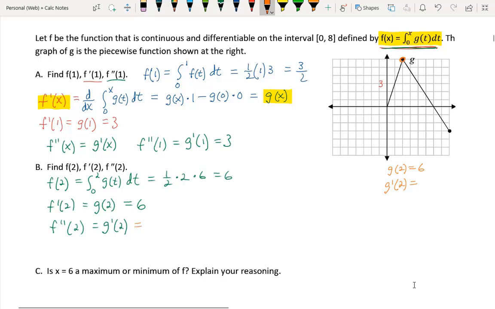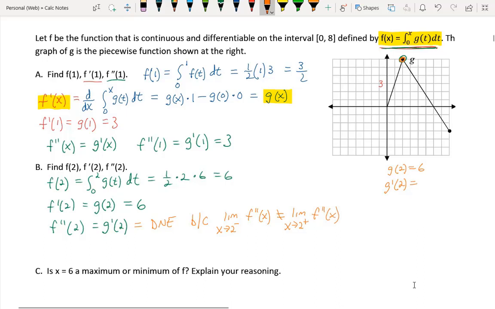g prime of 2 does not exist because, and if you remember your limits here, the limit as x approaches 2 from the negative side of f double prime of x, what we're saying here is the slope on the left side of that line does not equal the limit as x approaches 2 from the positive side of f double prime of x.